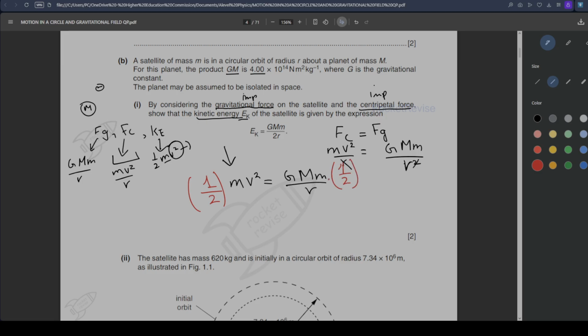So after you introduce it to both sides, what you'll be left with is 1 by 2 mv squared is equal to, this 2 is just going to multiply with r, so GMm divided by 2r. ठीक है. This is kinetic energy, so KE is equal to GMm divided by 2r, and that is how you prove this expression.